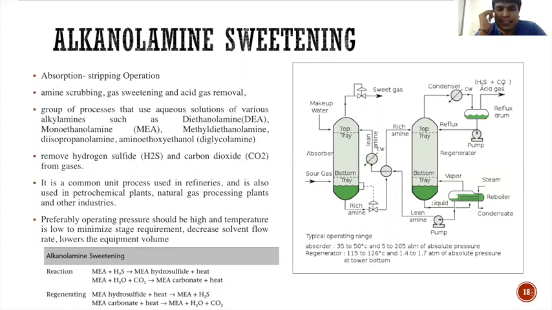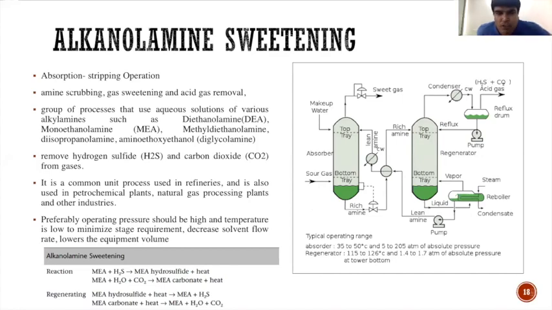Actually, this is the process where only H2S and CO2 are separated, right? So in the first absorber, you can see there is a chemical reaction between the monoethanolamine and the sour gas coming from the bottom. These are countercurrent streams, and therefore the separation takes place just by chemical reaction.